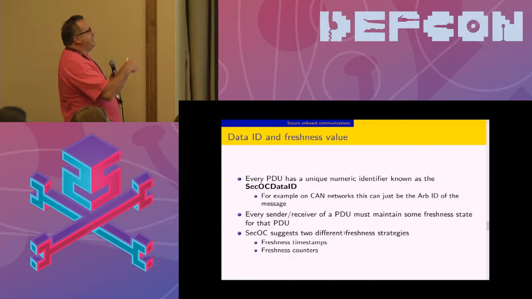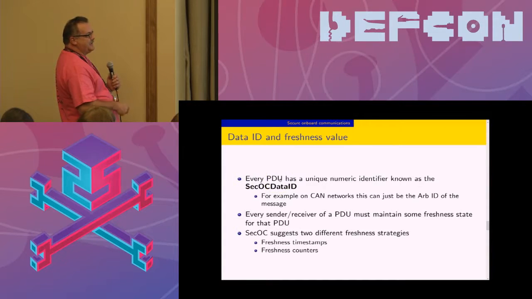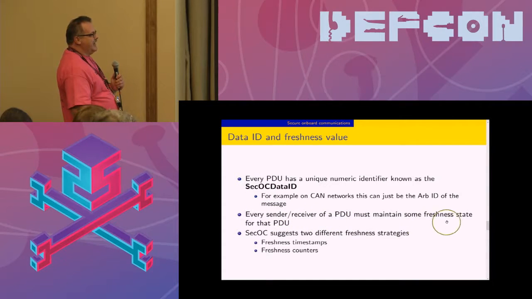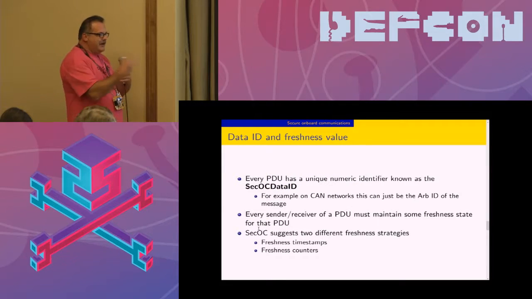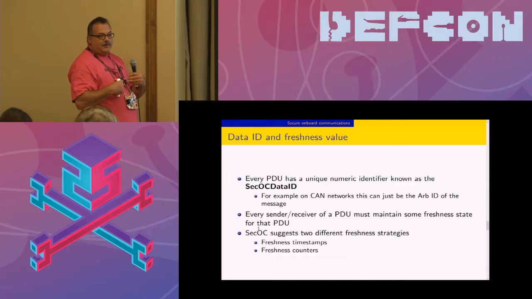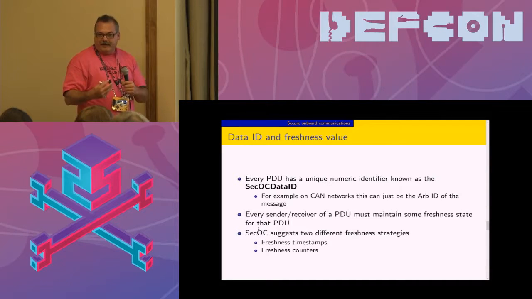So basically the idea is that we are going to have a unique ID, the SecOC data ID. Okay, that's right from the spec, for every PDU. Protocol data unit is basically a signal or collection of signals. And so each one of these senders or receivers has to maintain a freshness state for this particular PDU. So that means I'm sending out a group of signals, and along with those, I have to maintain a freshness value.